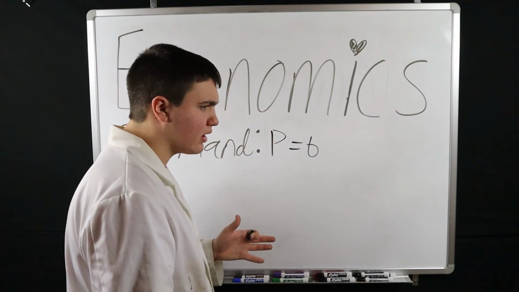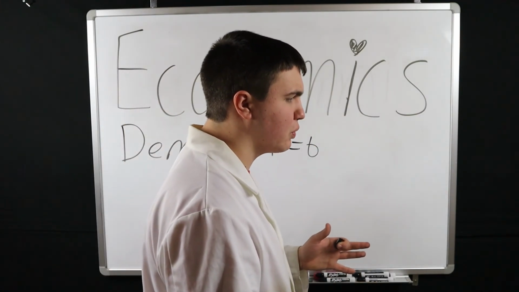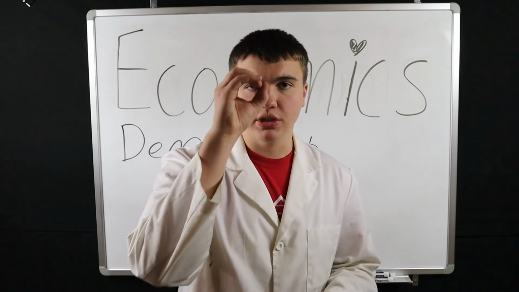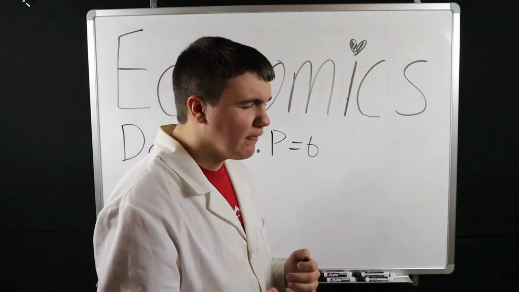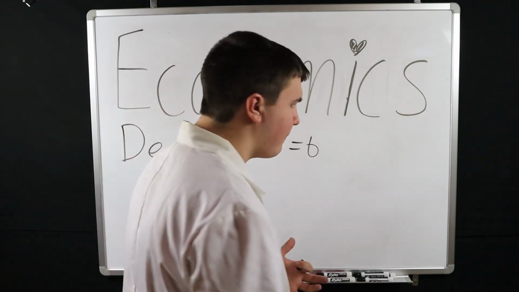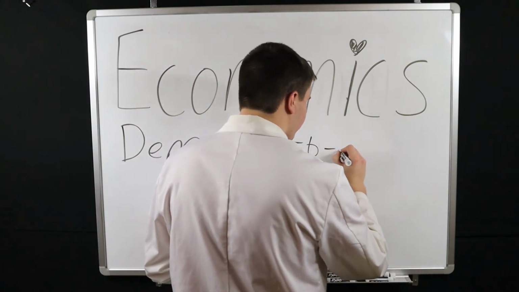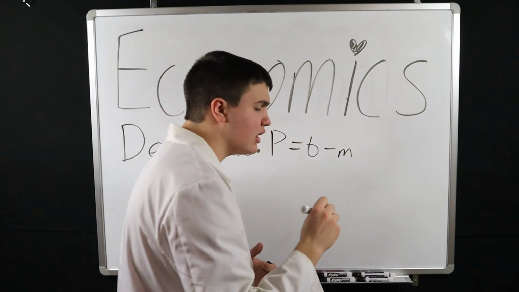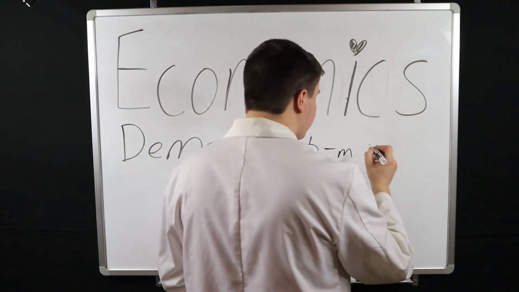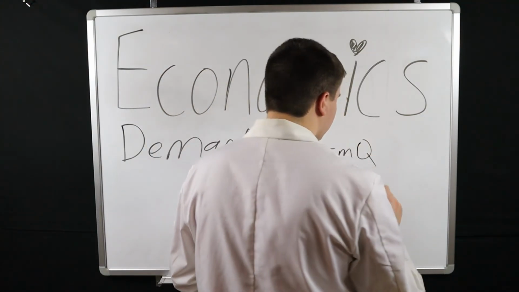This is the theoretical maximum price consumers are willing to pay for 0 items. If that makes sense, it's the intercept, all right? Minus the slope of the demand curve, which is the elasticity of demand, multiplied by Q.